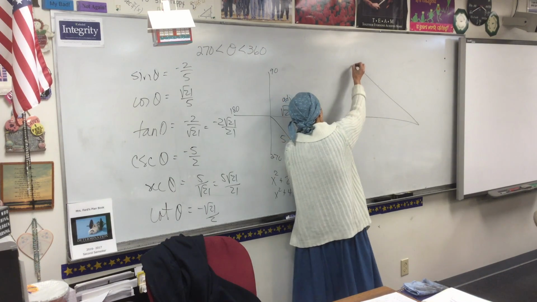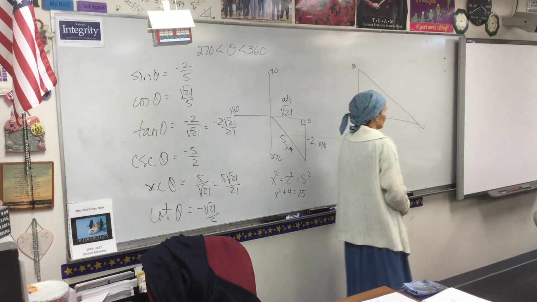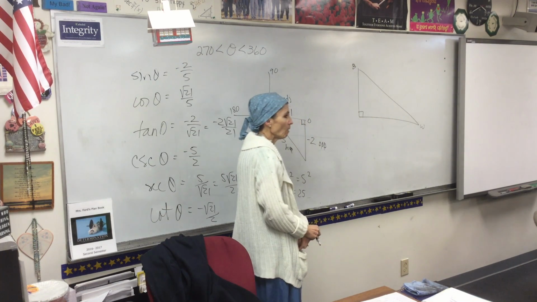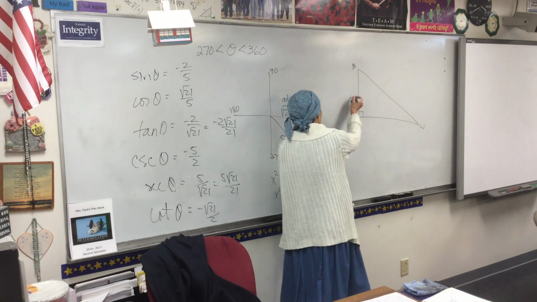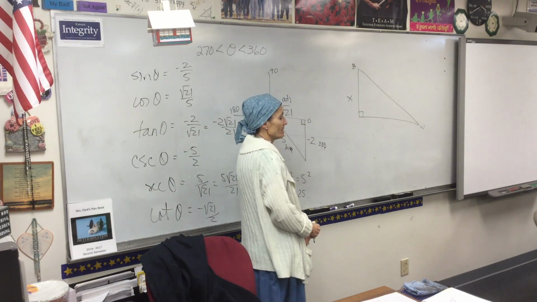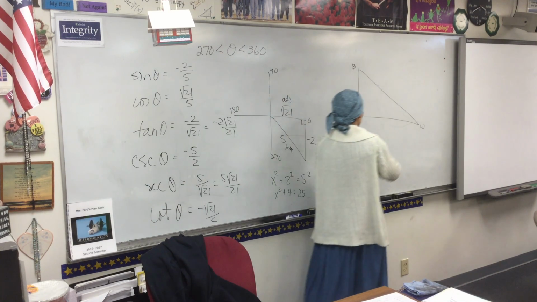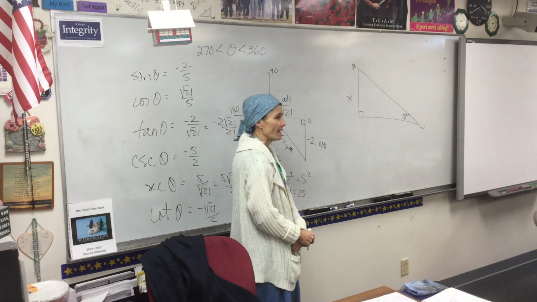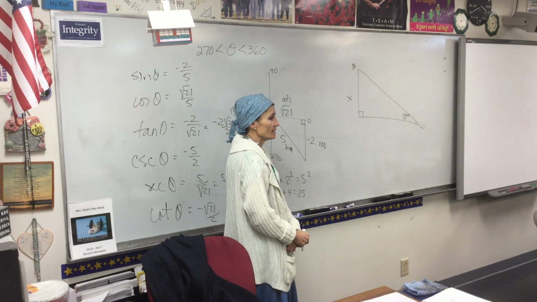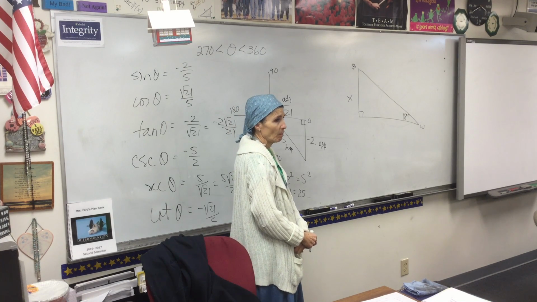So I got a bird on top of the flagpole looking at a worm on the ground. How high is the flagpole if the angle of depression is 18 degrees and the worm is 80 feet from the base of the pole?